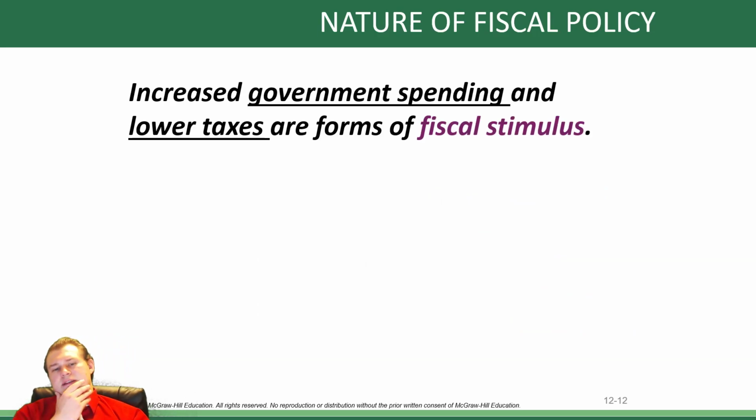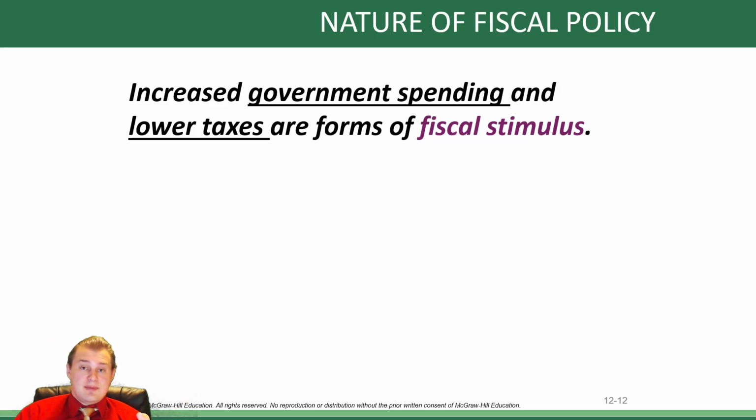Increased government spending and lower taxes are forms of fiscal stimulus. Okay, so how would government spending become fiscal stimulus? Well, government spending is how much of that curve we saw? The AD curve, right? It's 20% of it. So if I increase it and it's part of that curve, it's going to move it. Okay. Also, lower taxes. Who else was part of that curve? Consumers.